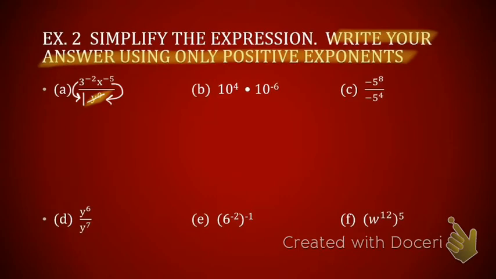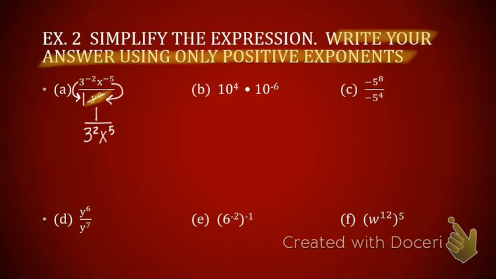Now, we have once again cleared out the numerator. So what are we leaving behind in the numerator? 1. A 1. And what is now in the denominator? 3 to the second and x to the fifth. So you see how the 1 is positive, so it can kind of just disappear. All right, 3 to the negative second becomes 3 to the second.